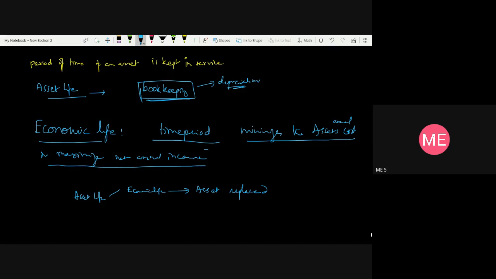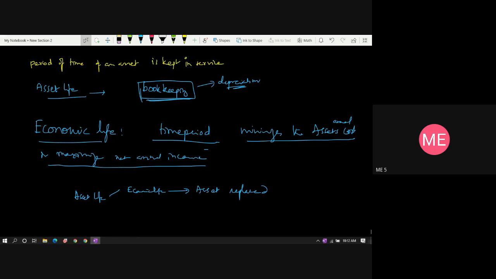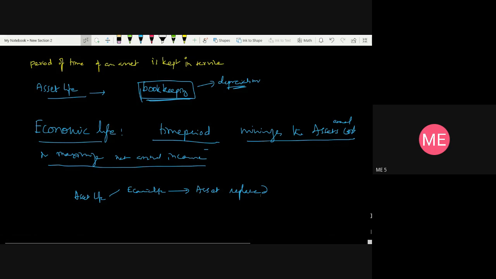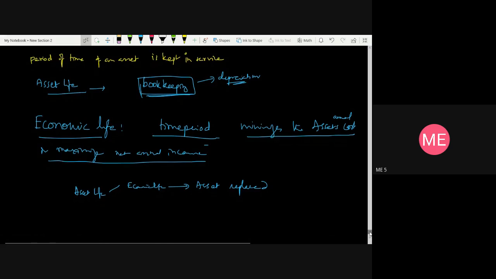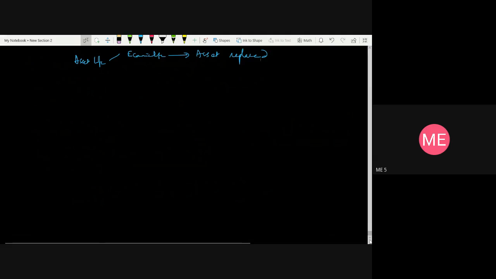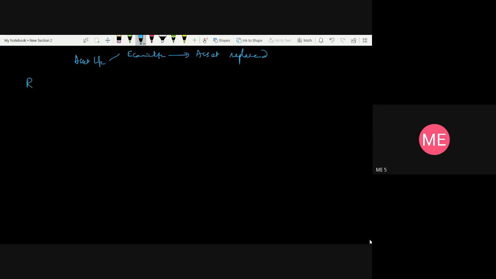So now we'll go with one more topic, which is called rate of return. Rate of return, which we have discussed till now, is also called rate of interest.